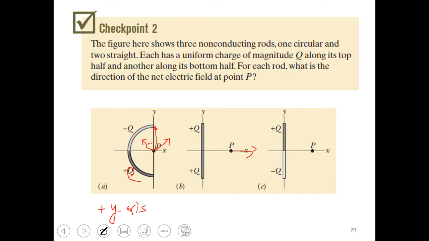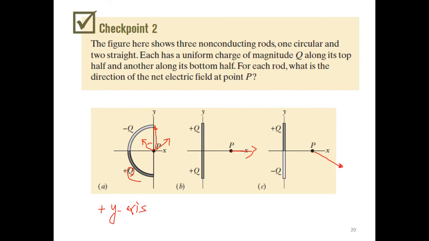Yeah, I think it is quite trivial, pointing to the right. And how about the part C? A bit more difficult, but actually not so difficult. Yeah, pointing down. So for the upper part, it should point to this direction.